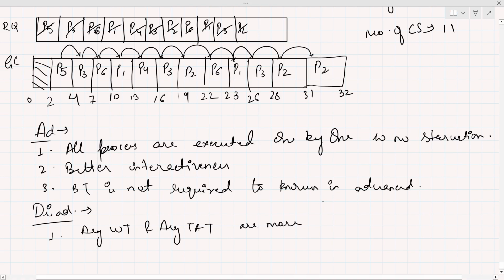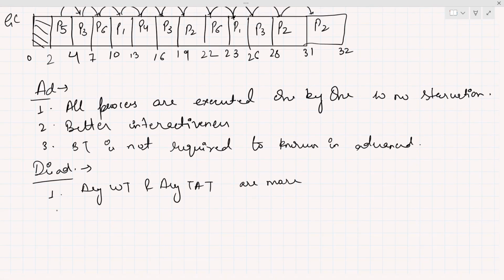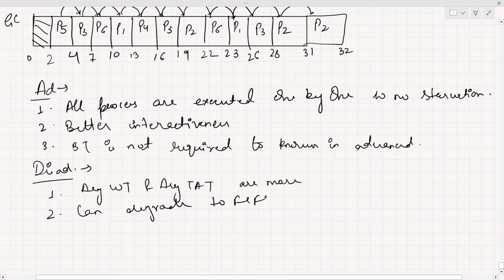If you compare with SRTF, SJF, or any other scheduling algorithm, round robin will give you more average turnaround time and average waiting time. So this is a disadvantage. And the second disadvantage is that it can degrade to FCFS. It can behave like FCFS. So these are the advantages and disadvantages of the round robin scheduling algorithm.